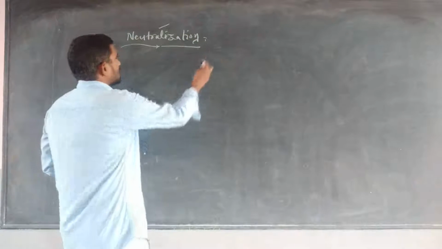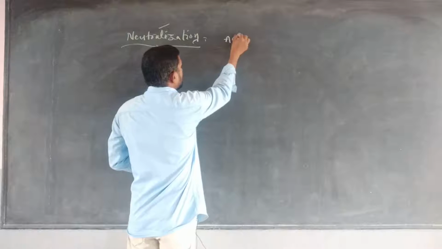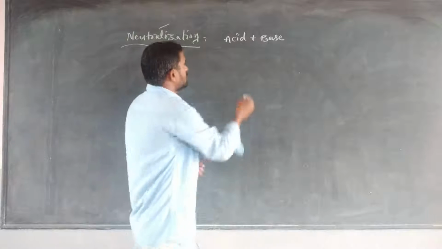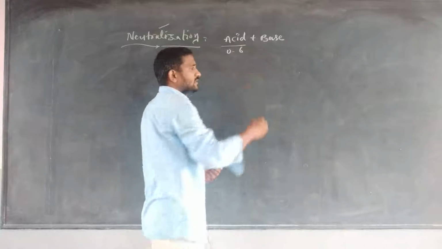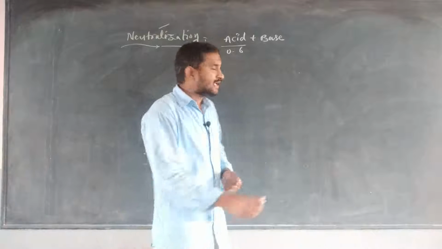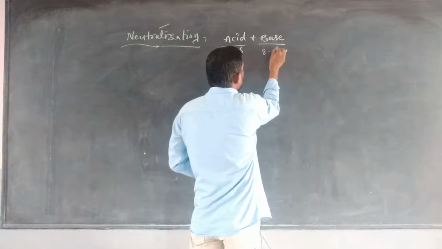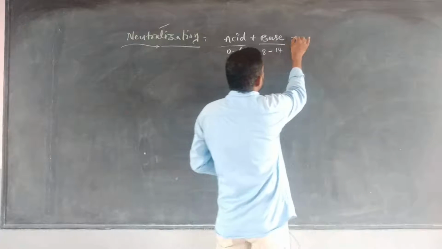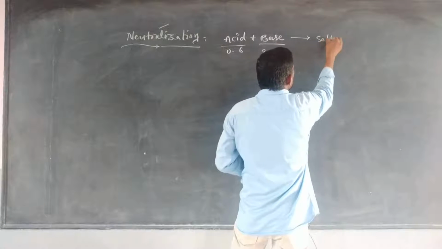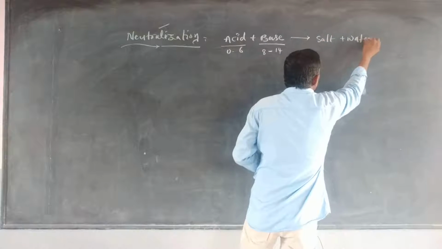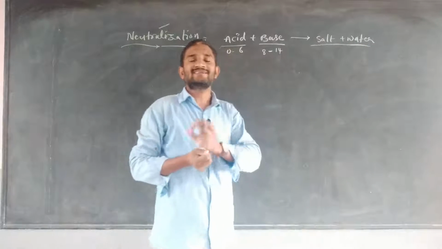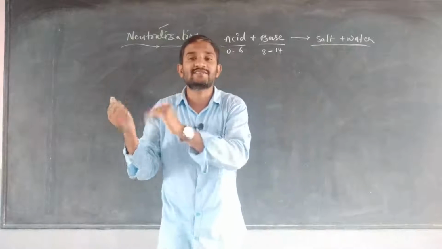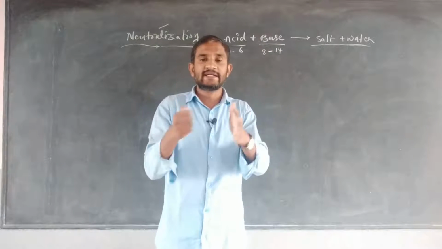Suppose an acid is reacting with a base. The pH value of the acid is between 0 and 6, and for the base it is between 8 and 14. Here the compounds formed are salt and water. We get new compounds, not an acid and not a base, but a salt. That means the pH values of the acid and the base are decreasing.